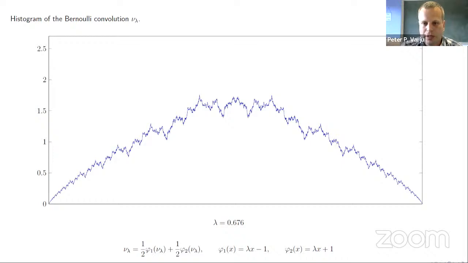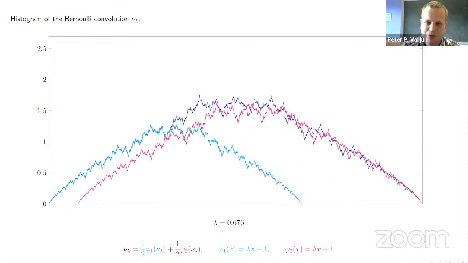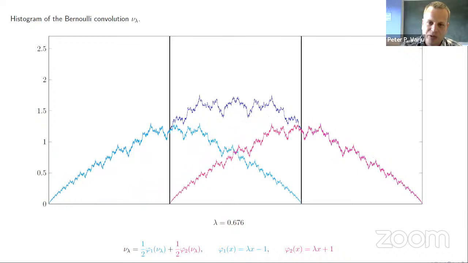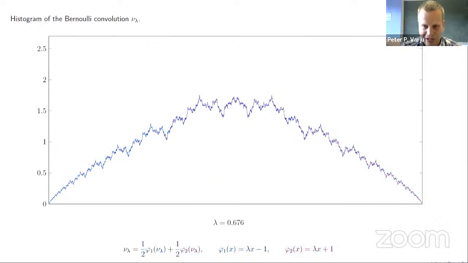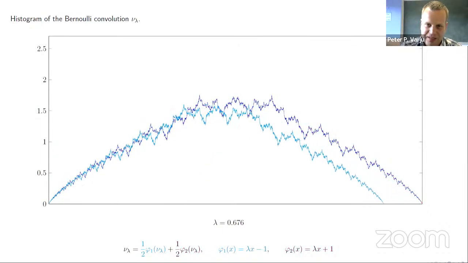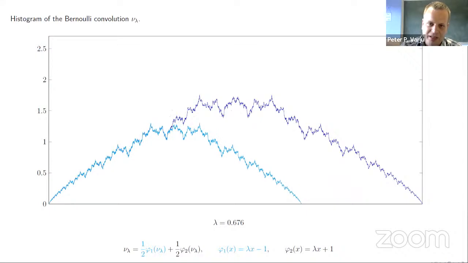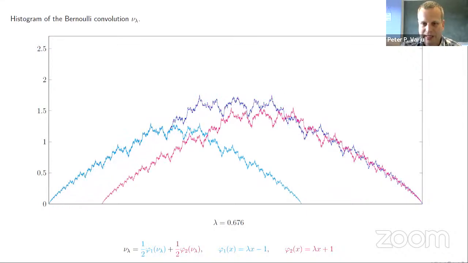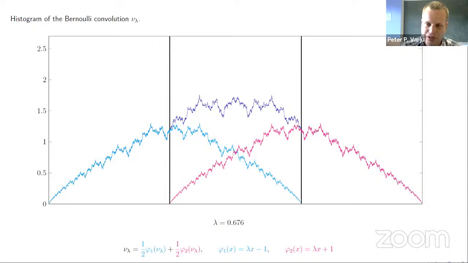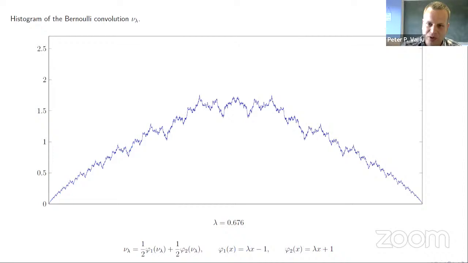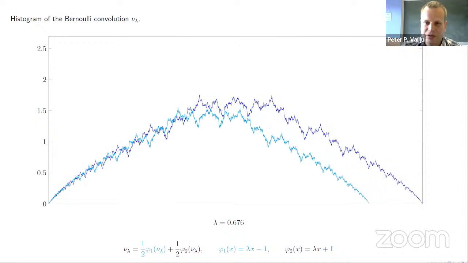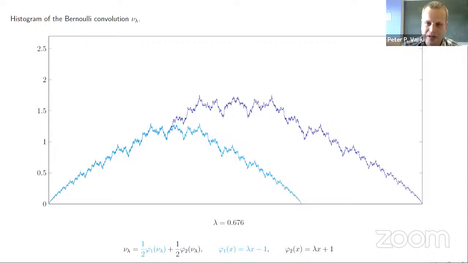Okay, so in the next slide, you see demonstrated the self-similarity property. The light blue and the magenta graphs are shrunk copies of the big graph, and you see that on the two sides they match the original graph, and in the middle, if you sum the light blue and the magenta, then you get back the original graph.